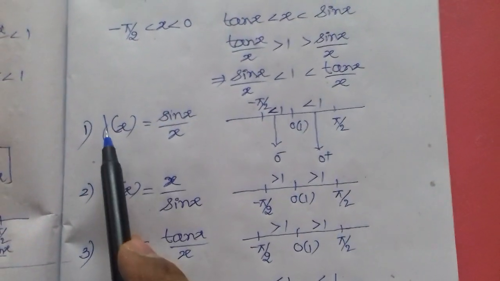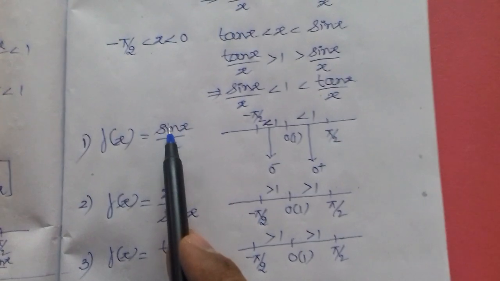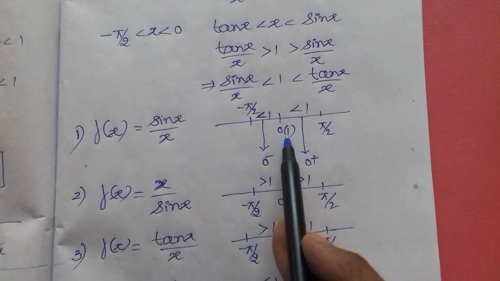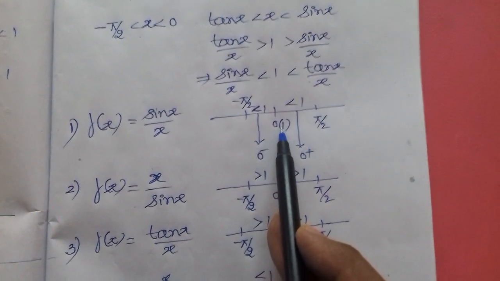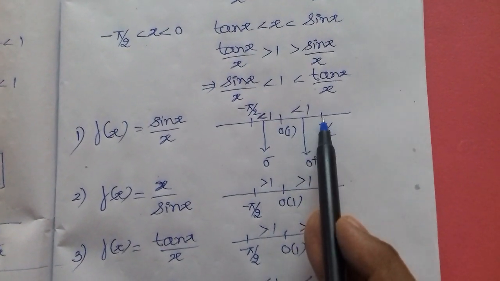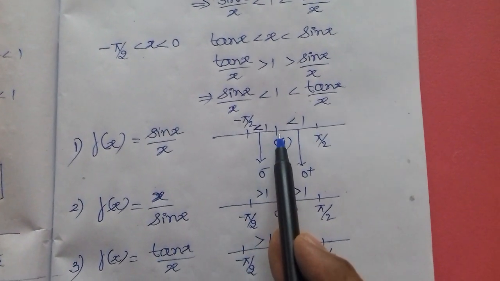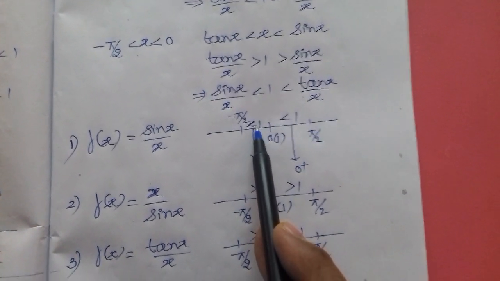So you can conclude this: f of x equals sin x by x. Here 0 is there. At 0 limit is 1. This indicates limit is 1. In 0 to pi by 2, this function is less than 1. In minus pi by 2 to 0, this function is less than 1.